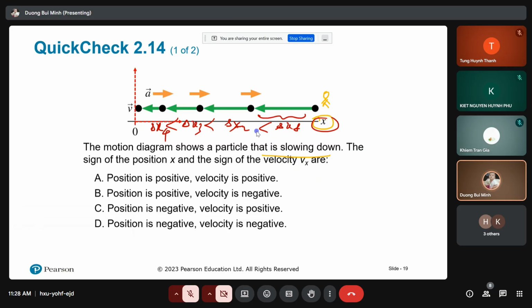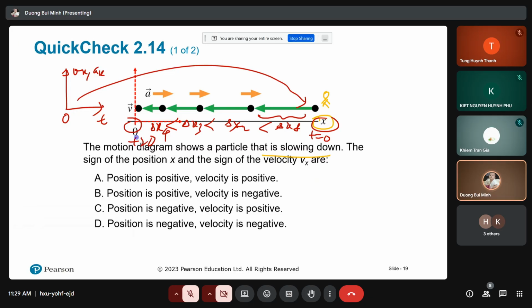When we analyze Vx and Ix, I choose the origin here. This is time, this is Vx or Ix, right? Oh, sorry. Time should be here. This time is 0, and here time is positive, right?